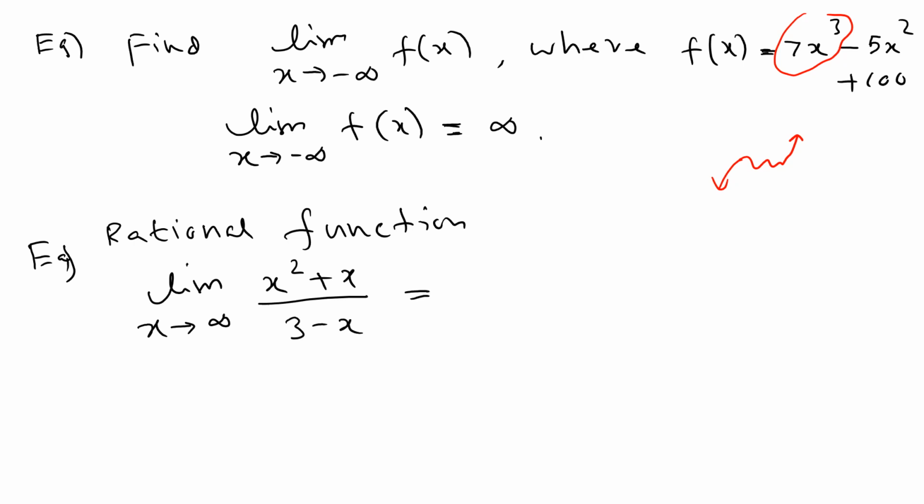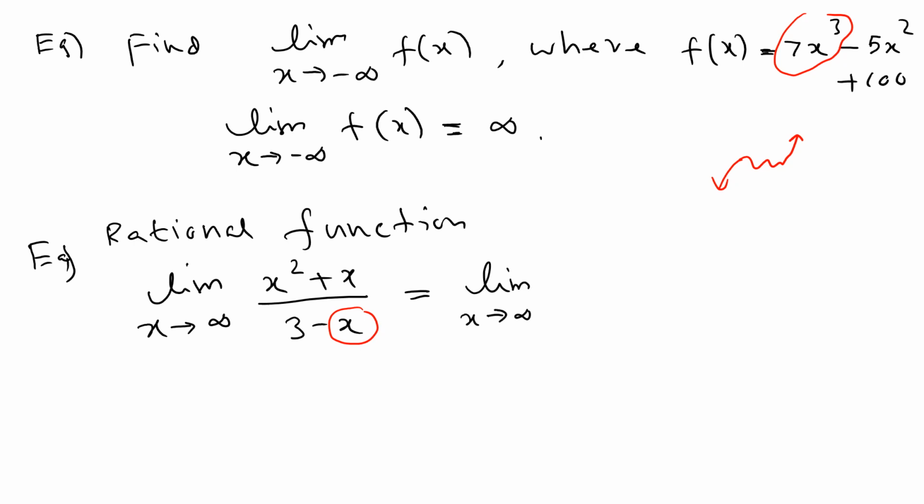We use the same argument that we used earlier in the main lecture. We can divide by the largest x power in the denominator, which is x, so we divide all the terms by x.